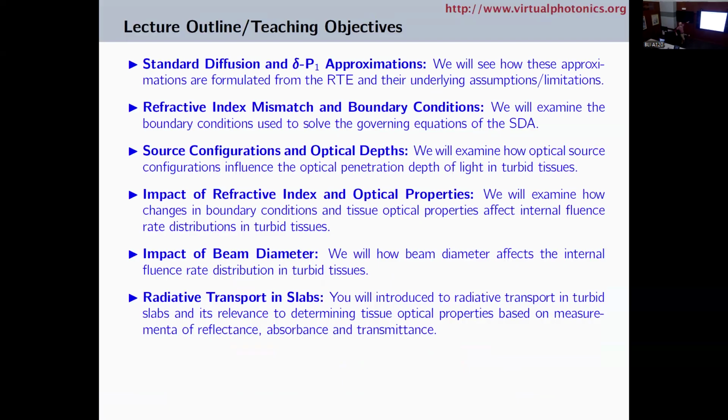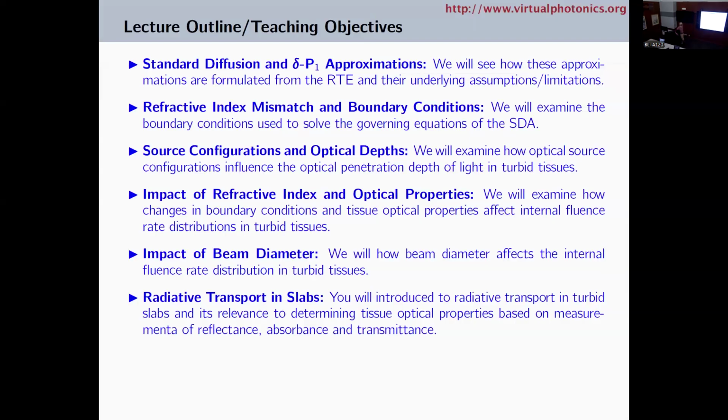And I'll focus on the derivation of the standard diffusion approximation and a variant that Willem Star in the Netherlands and Scott Prahl in his thesis developed, and that I also contributed to a little later on, the delta P1 approximation, which is a slight variant to the standard diffusion approximation, but actually provides much better approximate solutions. And so we'll talk about how these approximations are formulated from the radiative transport equation and what the underlying assumptions and limitations are.